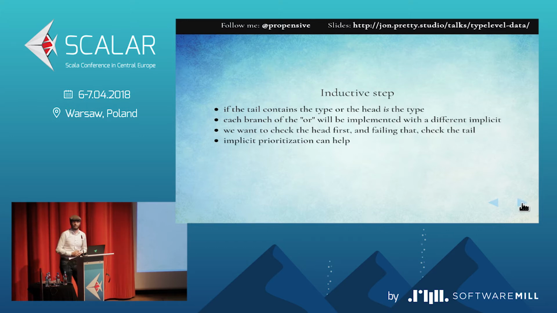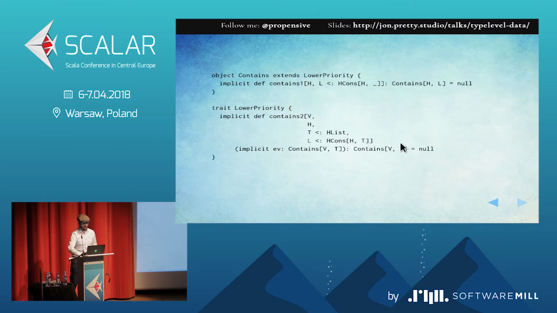And we can use implicit prioritization. We can prioritize our implicits so that the first one will check the head. That will return an instance of Contains, saying that the head type is in the list. If that HList is an HCons starting with the head, we don't care what the tail is, but if the head is there, we're done, and we can provide the evidence.